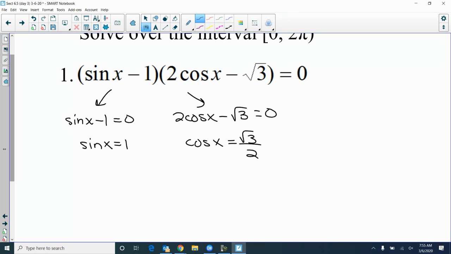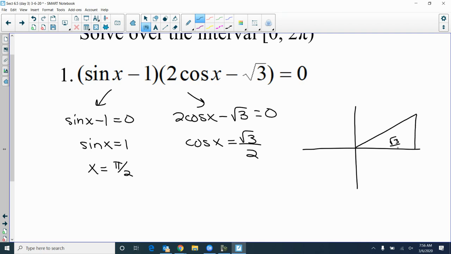Where does cosine of x equal square root of 3 over 2? Okay, that is positive, so it's going to be in quadrant 1 and quadrant 4. So that's going to be square root of 3 over 2. That means that's got to be a 30-degree angle because this is 60.